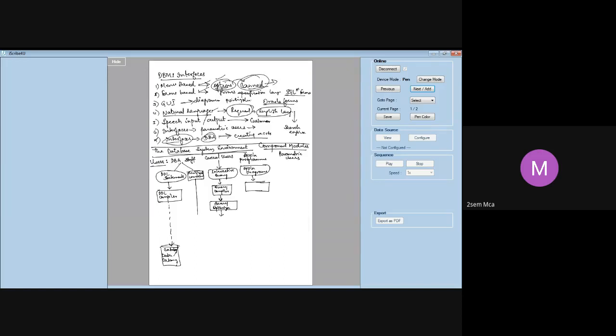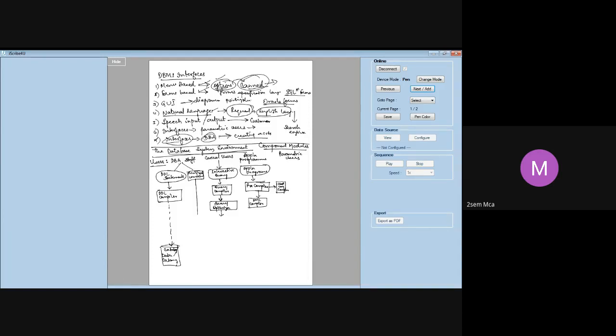So this application program will pass through a pre-compiler. This pre-compiler will have a host language compiler, that is your C compiler, let us say. It will also have a DML compiler. Both can't be compiled by the same compiler.